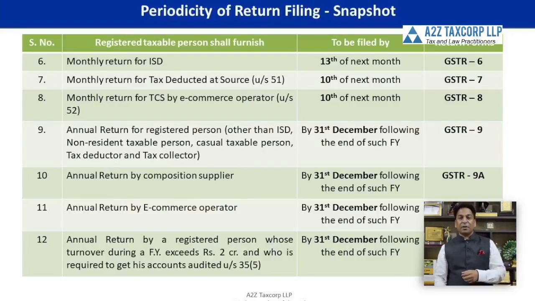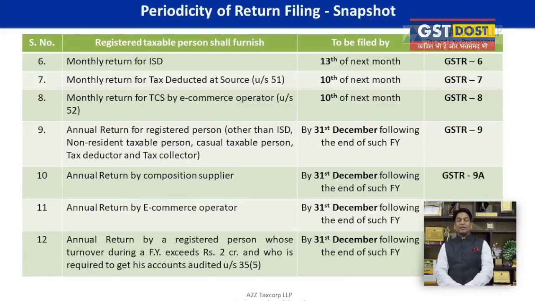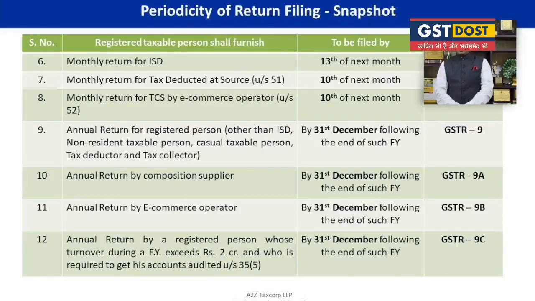Thereafter, you have annual return 9A, to be filed by a composition dealer by 31st December of the next financial year. 9B is another annual return, to be filed by an e-commerce operator. Again the due date would be 31st December of the next financial year.